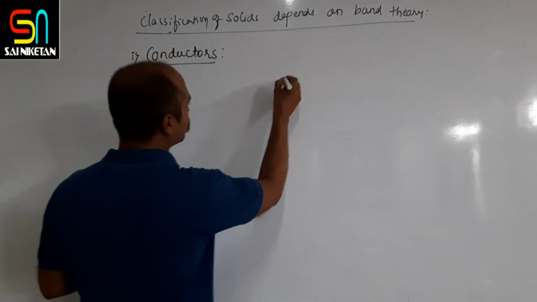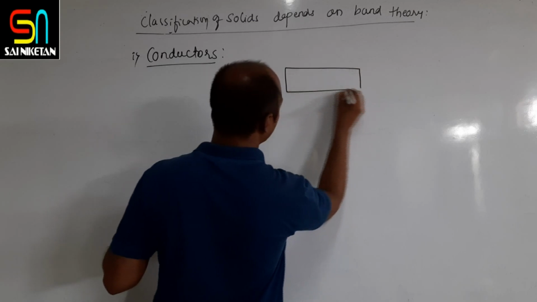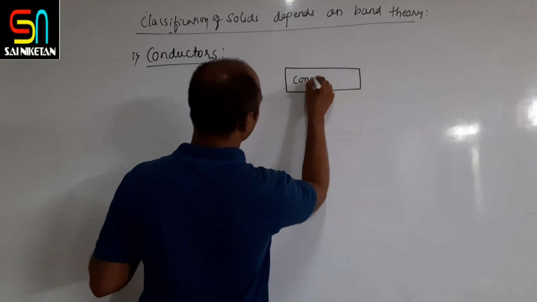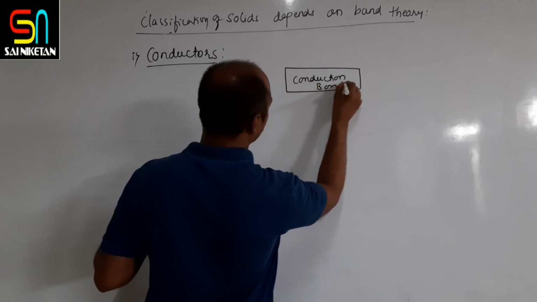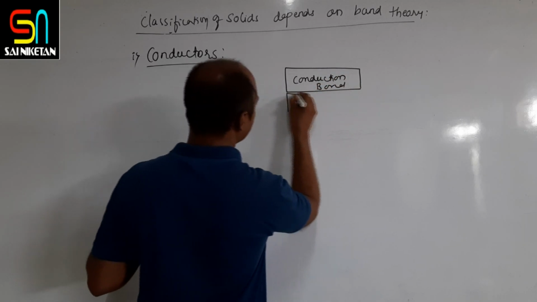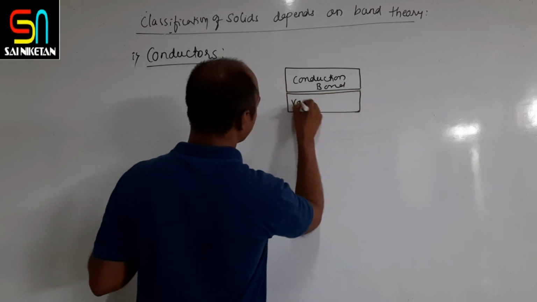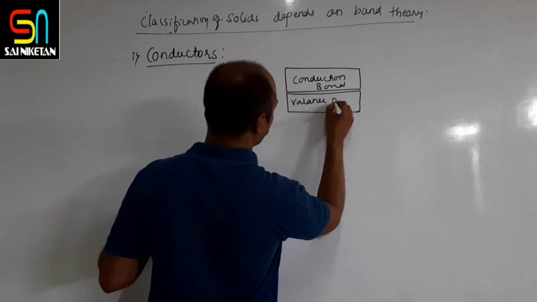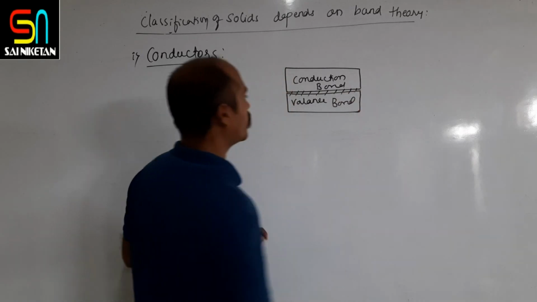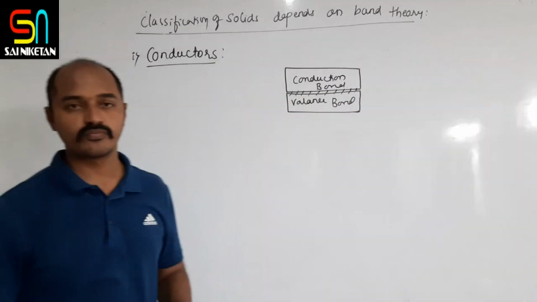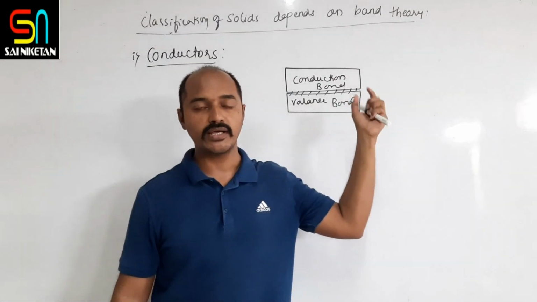If I take this as the conduction band and this as the valence band, and the situation is like this, the conduction band is overlapping the valence band.